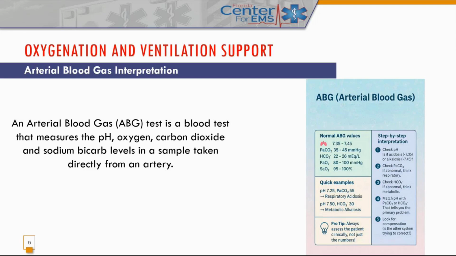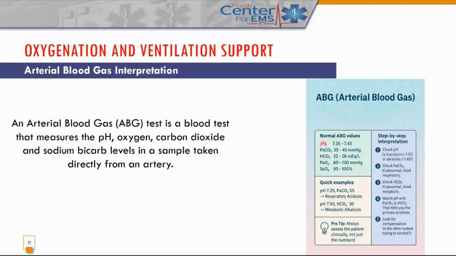If you look at that little chart there, it gives you the normal values. The pH is 7.35 to 7.45. If you think of the normal value of end-tidal CO2, which is 35 to 45, you're kind of in the same ballpark. The first thing to look at is the pH. If the pH is normal, they're compensating in some way.